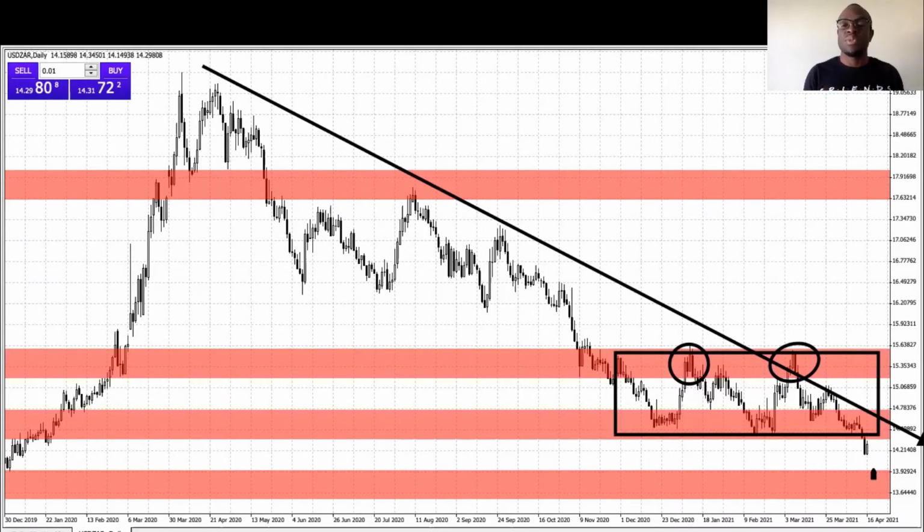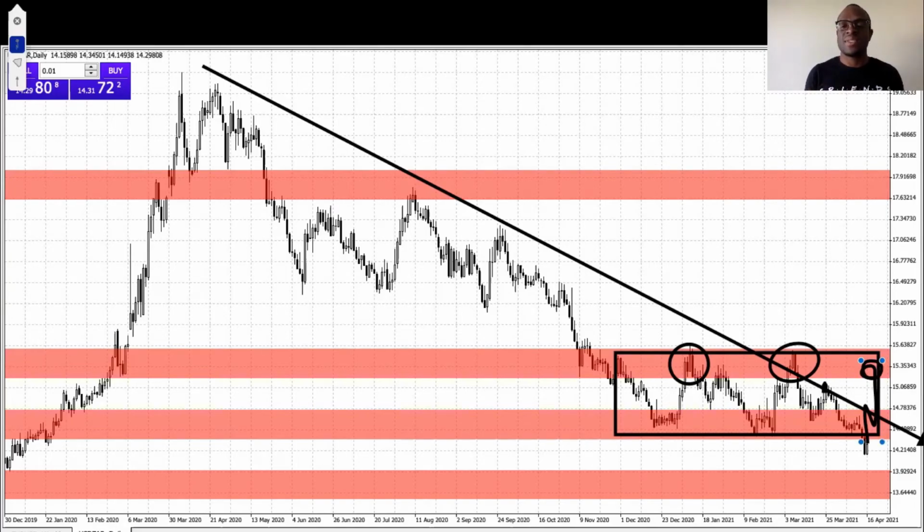Then in terms of the bullish scenario, what we'll be expecting is that this may be just a fake out and the price will reverse from a high, pull back to form a higher low, and then come and test the 15.35343 level. So this will also form part of the sideways movement.